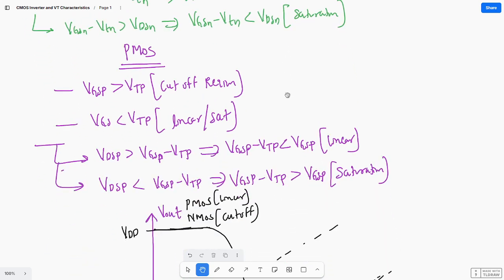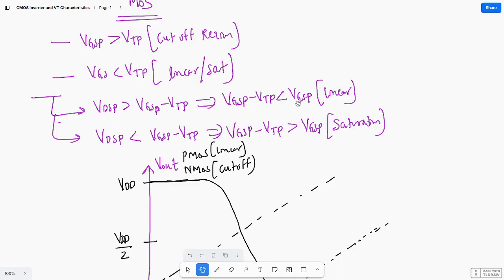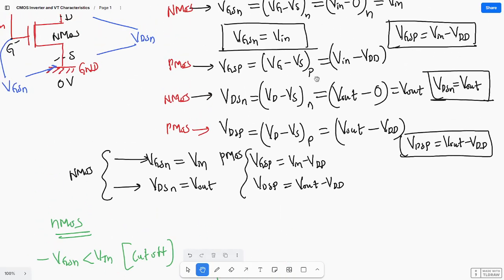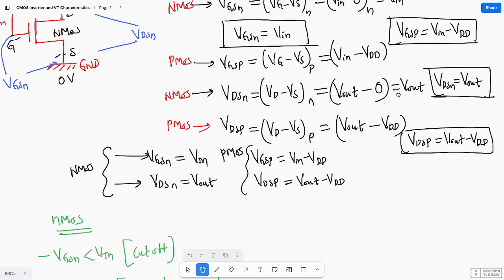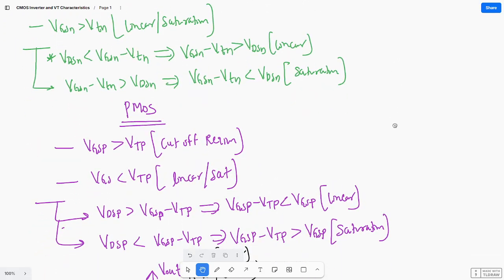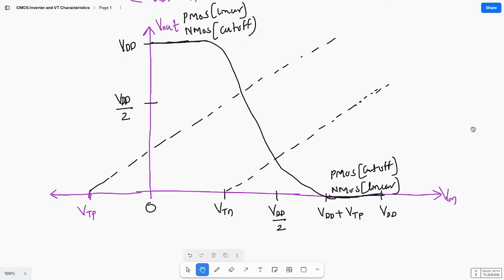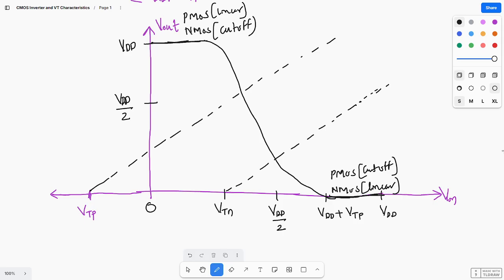We are applying the input voltage, so VGSP equals Vin minus VDD, and VGSN equals the input voltage. So VGSN will decide whether the given transistor is operating in linear region or saturation region.